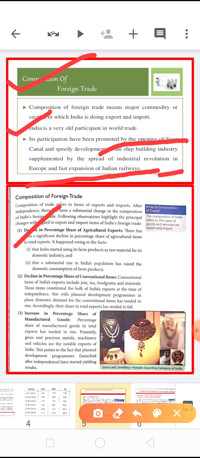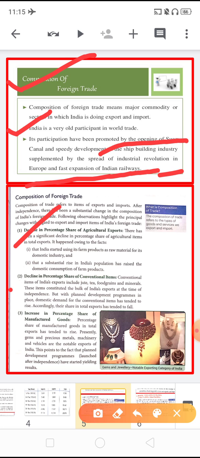So this shows a decline in agricultural exports. Now, the second is that a substantial rise in India's population has raised the domestic consumption of farm products. Just because of the growing population, we need the farm products to fulfill the basic needs of the people living in the country. Therefore, we have observed a decline in India's foreign trade in terms of exports.